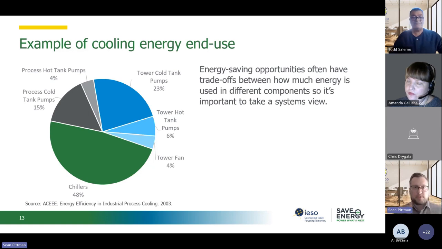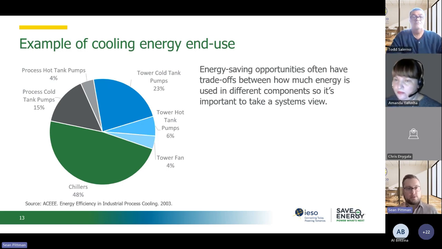And to reinforce that fact a little bit, energy savings often have trade-offs between how much energy is used in different components. That's why we take this system view. To illustrate, this pie chart shows the cooling energy end use by equipment type within the process cooling system. Chillers are the biggest piece of the pie, but they are typically outweighed by the combination of all the other components that form this process cooling system.